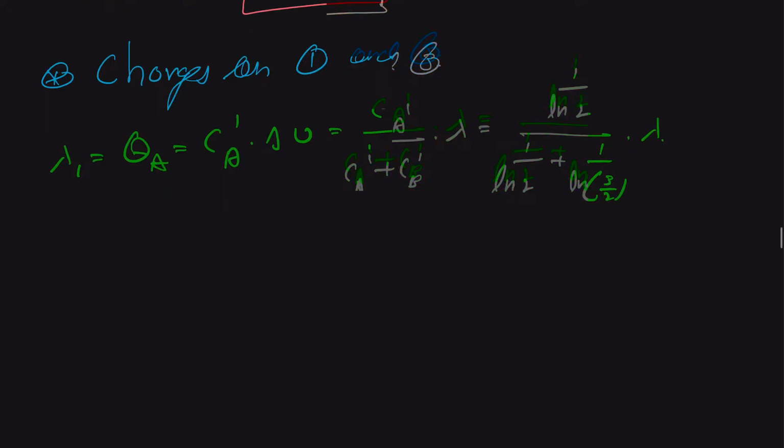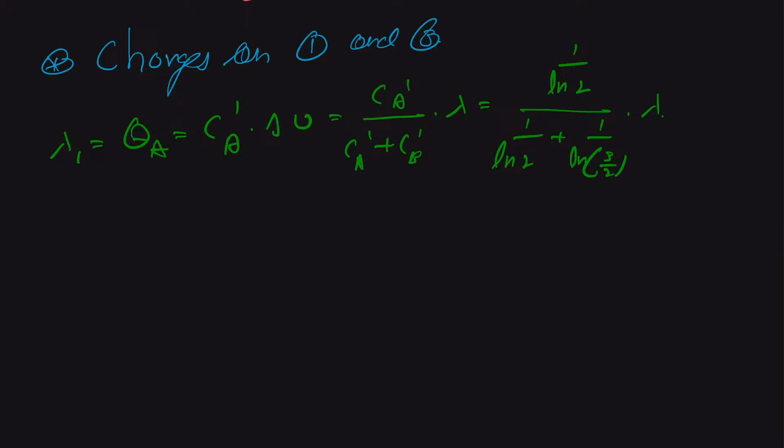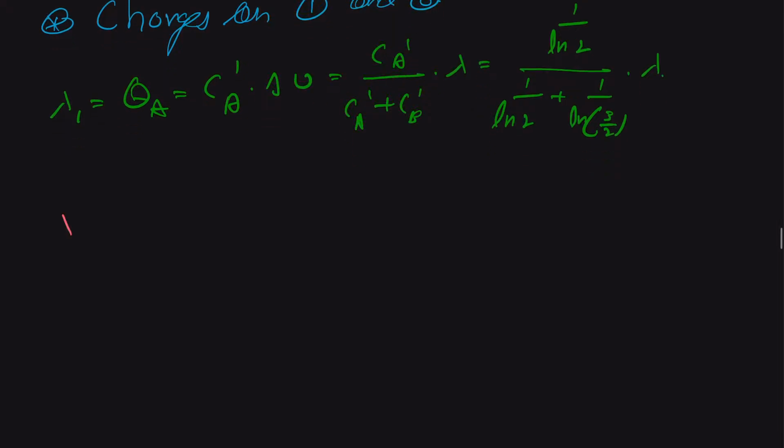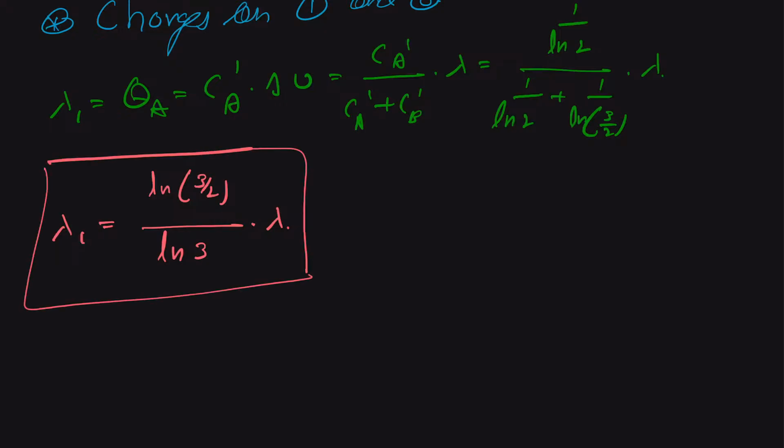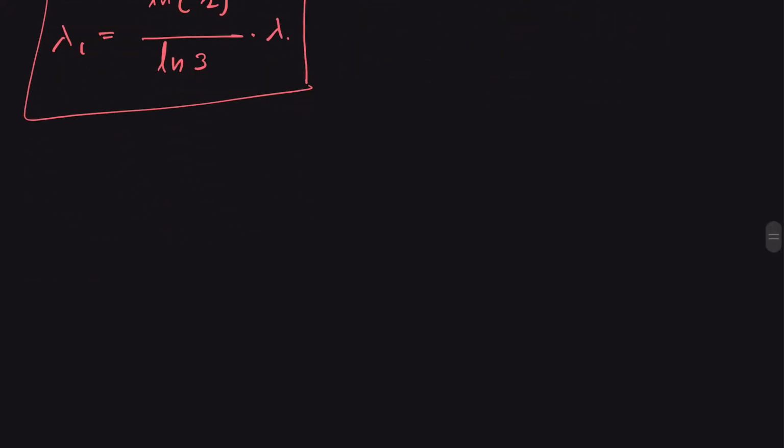And we can just easily sort it out. So we get lambda 1 will be equal to our natural log of 3 by 2 divided by natural log of 3 times lambda. So this is the charge density on our shell number 1.